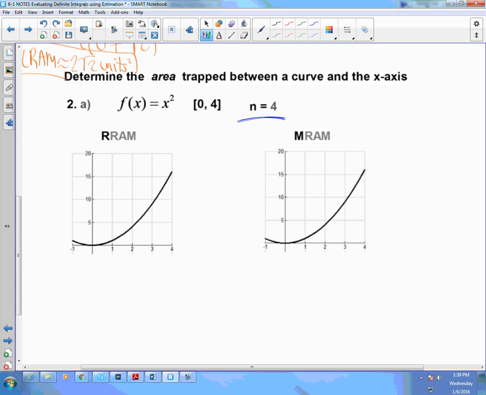And if you're the right hand approximation, want to come do it on the board for us, make sure you have units. Maybe just slide.